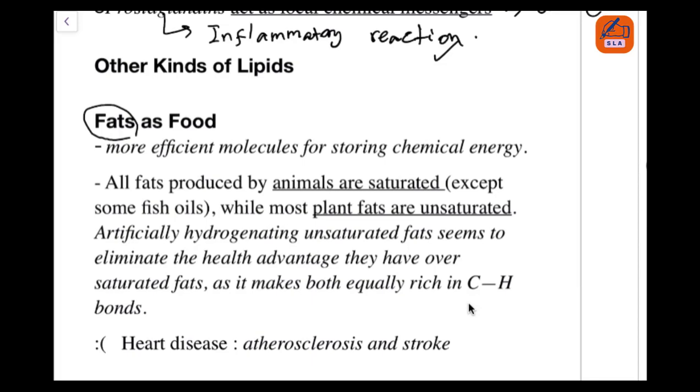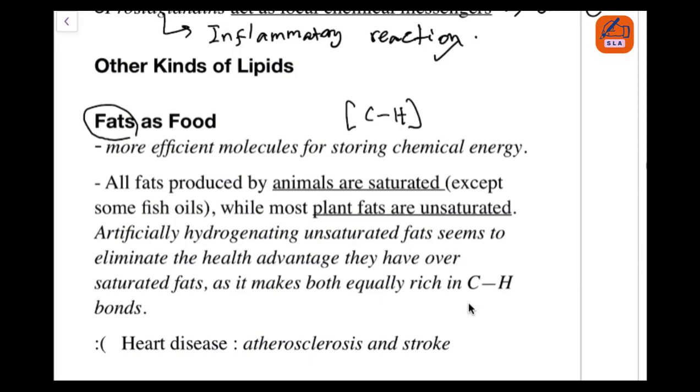Basically, the ratio of energy-storing carbon-hydrogen bonds present is twice that of carbohydrates. The carbon-hydrogen bonds present in the fats make them an efficient storage form of energy.